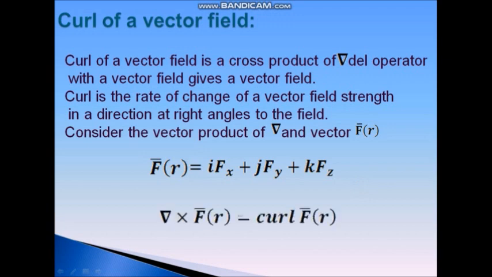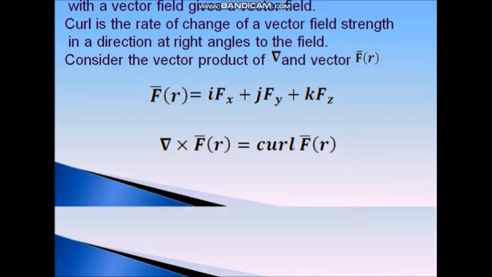We know that del cross f of r is nothing but the curl of f of r. Del is nothing but i dou by dou x plus j dou by dou y plus k dou by dou z. We already defined this operator.